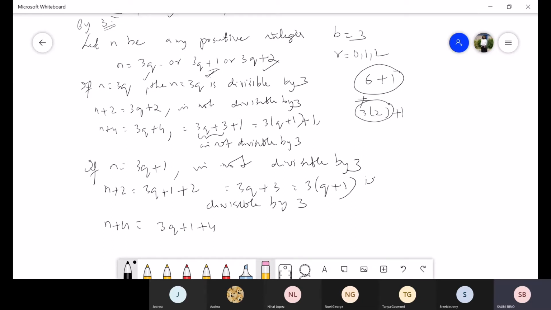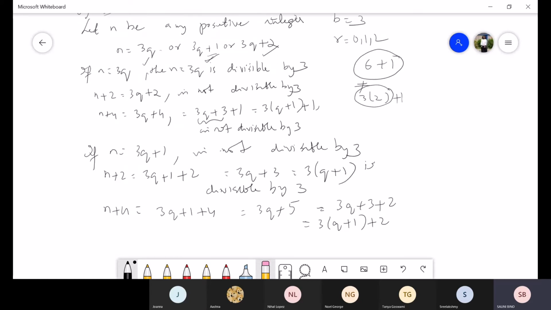3q plus 1 plus 4. We have to check all the 3 numbers. So it will be 3q plus 1 plus 4, which is 3q plus 5. How will you write this number? I can write it as 3q plus 3 plus 2. So from the first 2 terms, I can write 3 into q plus 1, plus 2.